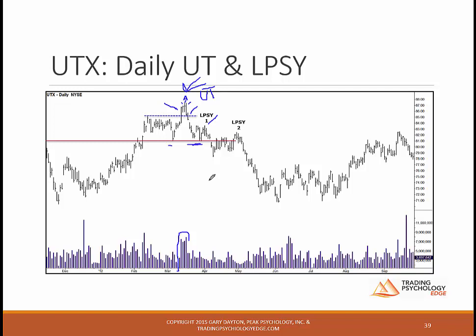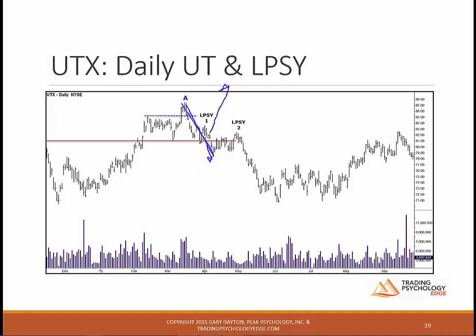Okay, but what happens with this? We don't see this market holding in here and rallying back up, which is what it ought to be doing if this support is valid. It does just the opposite. It drops down here, and we now have an even larger sign of weakness, a larger reaction down, sign of weakness.